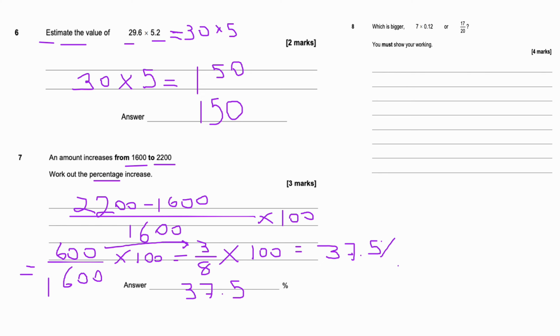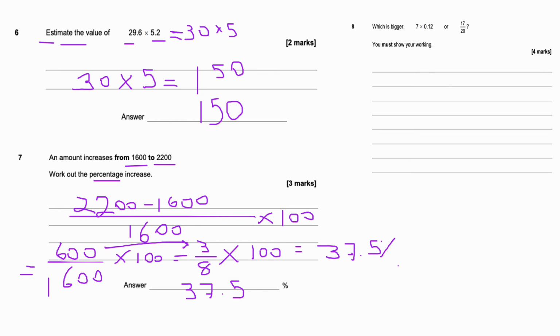Of course, I could do 100 divided by 1600 and then times 600, but that is a bit trickier and more involved. So where possible, I like to simplify my answers down to their simplest form and then work out the sum. Working out 3/8 of 100 is still fairly tricky, but it's much easier because I'm dealing with a 1-digit number and a 3-digit number, so it is not super complicated.